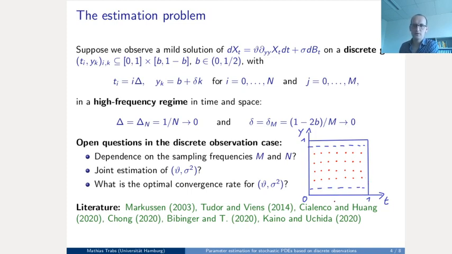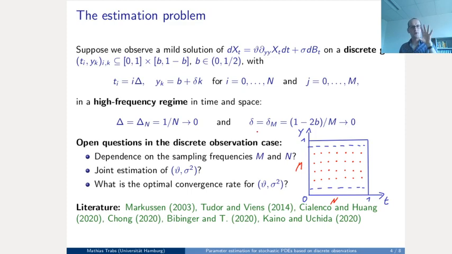We have altogether n observation times and m spatial points where we observe our solution field. And as n and m go to infinity, we end up with a high frequency regime where capital Delta is the time frequency and small delta is the spatial observation frequency.